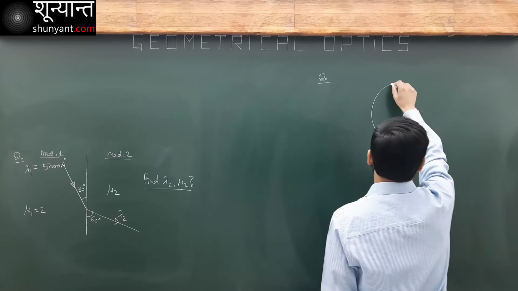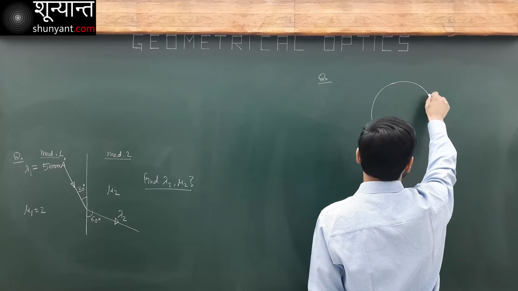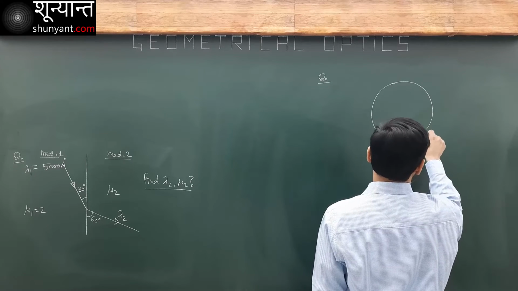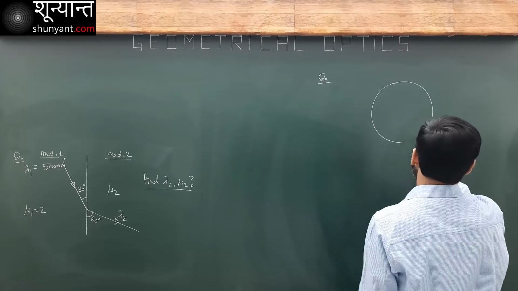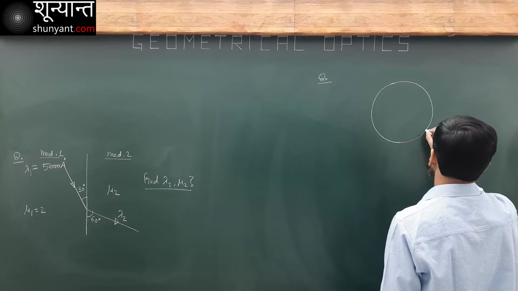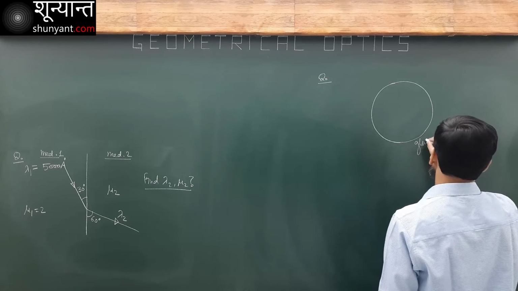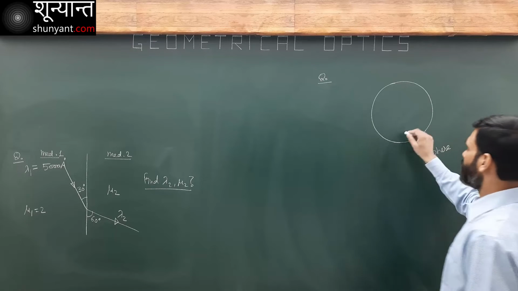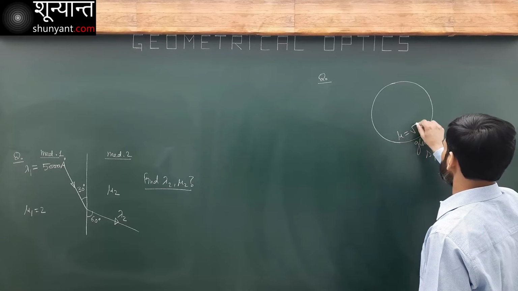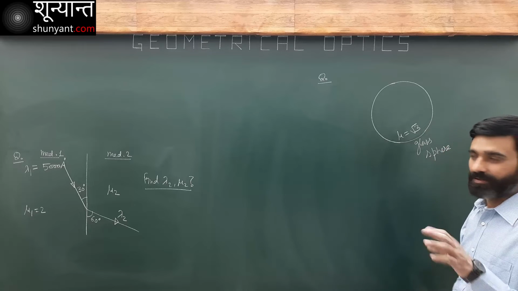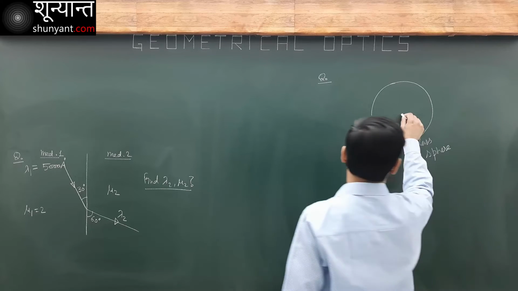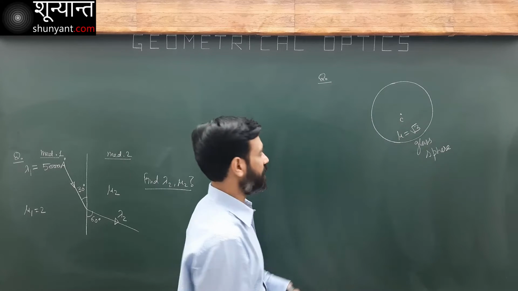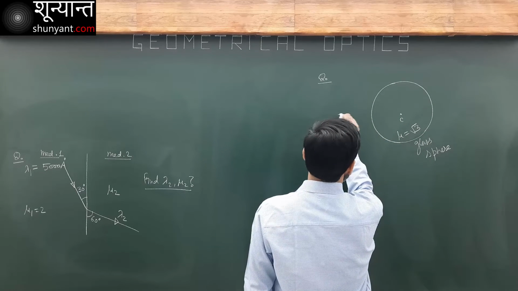A very, very interesting problem. It's like this. I have this glass sphere. Mu is equal to root 3. This is the center of the sphere. A light is incident like this.